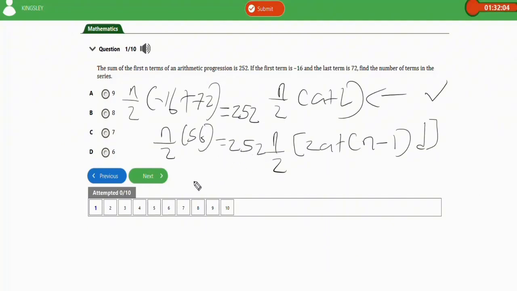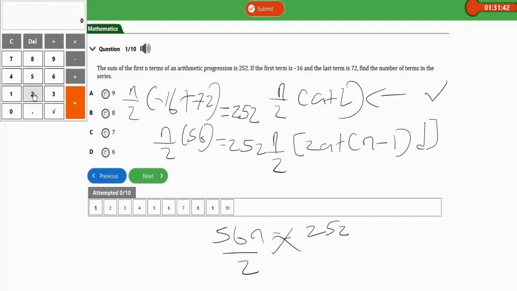This is the same thing as 56n over 2 equals 252. When it comes to multiplying, let's punch it in the calculator, 252 times 2. We have the output to be 504.